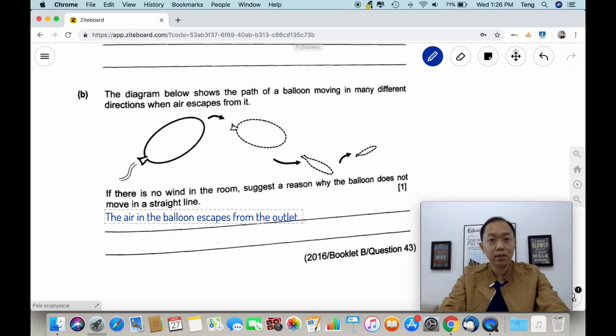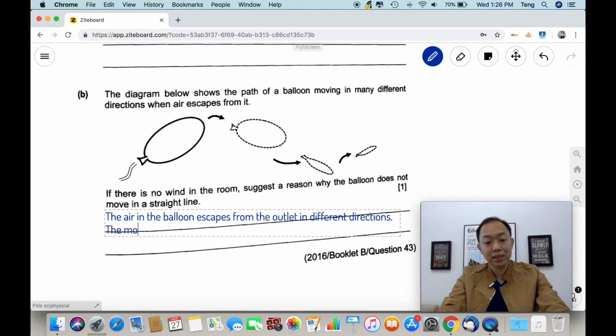So what do you need to explain? First, why it doesn't move in a straight line. That's one. So we talk about the air in the balloon escaping from the outlet in different directions.